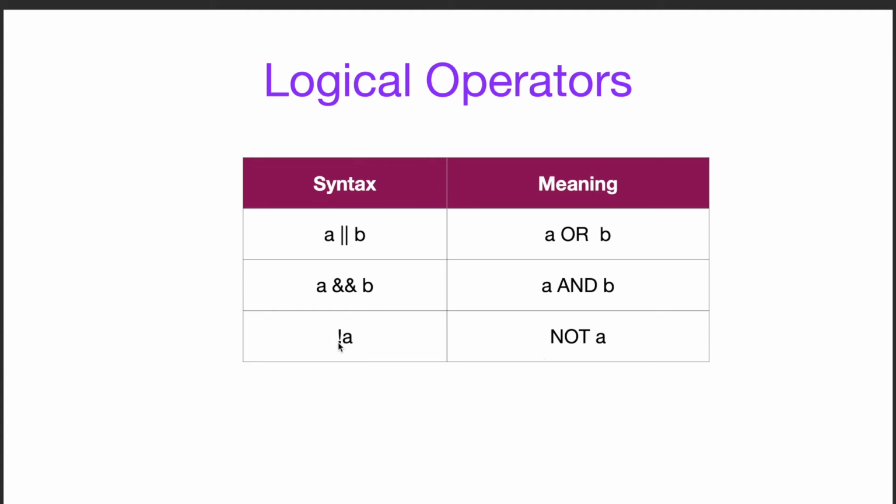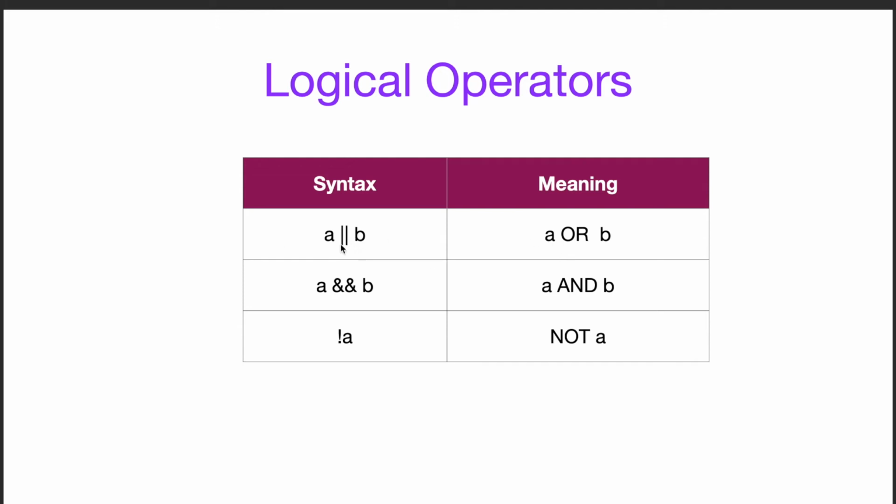If you use not a, it means that whatever a is, we want to change it to the opposite. For example, if the value of a is false, we want to change it to true, or if it's true, we want to change it to false. And this is the syntax for or, a or b.